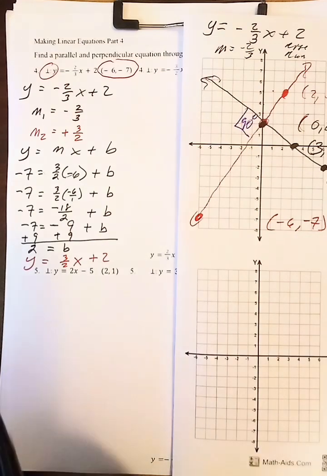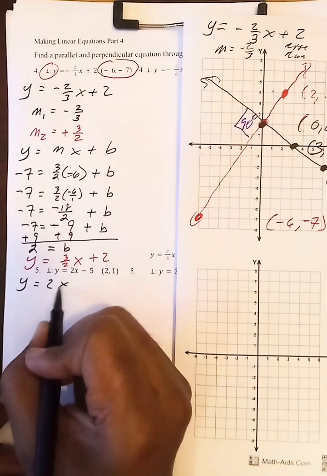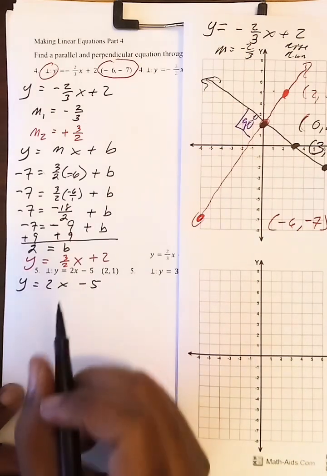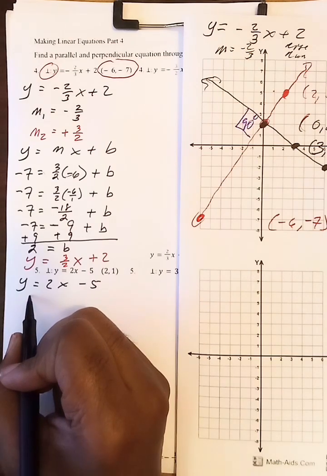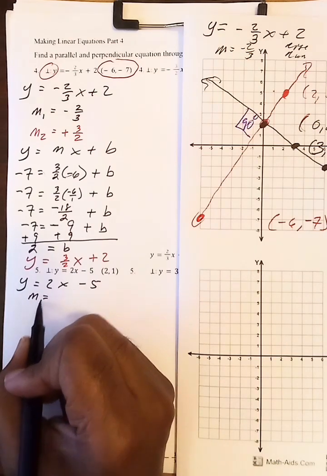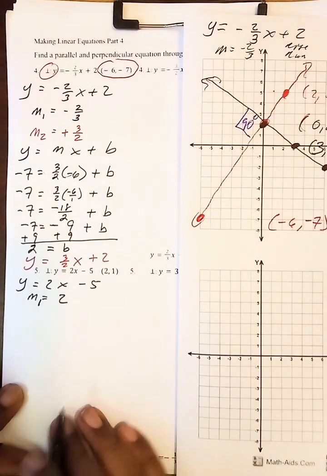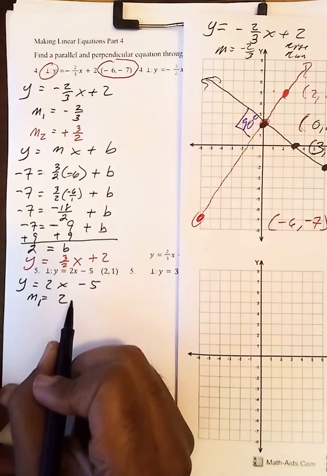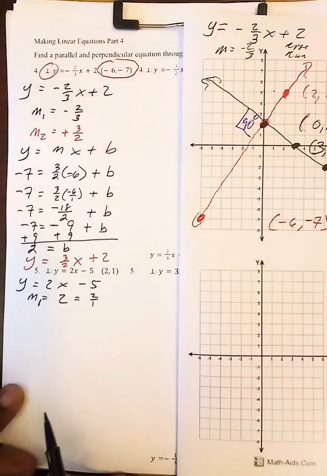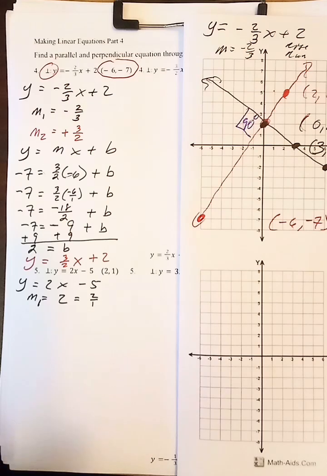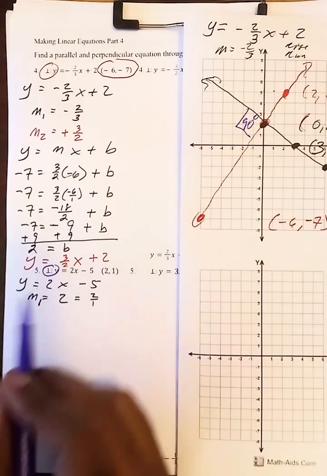Okay, our equation is y equals 2x minus 5. And our slope, m1, is going to be a 2. Now, let's turn that 2 into a 2 over 1, make it a fraction. It'll make it easier to flip over because we want a new slope that's perpendicular.